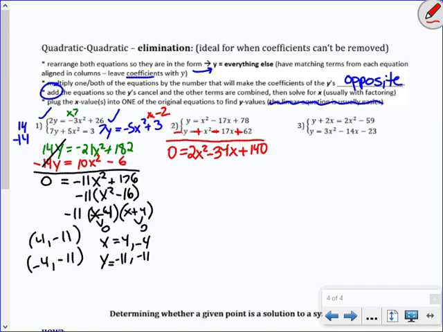I get x squared minus 17x plus 70, after dividing by 2. Now again, the GCF is part of the factoring process, the final representation of factoring, but it's not called out in this example.